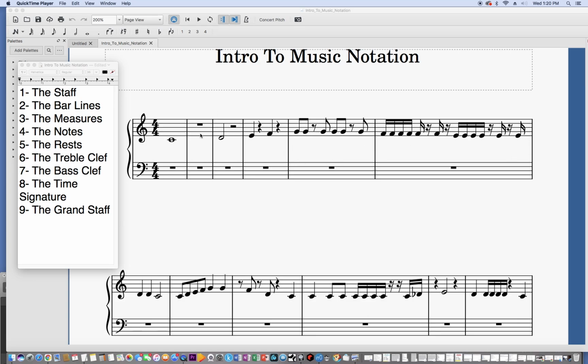No matter what notes or rests are there, the combination of these notes should always equal what it says in the number of beats. So the top number tells you how many beats there are in each measure, and the bottom number tells you which note gets 1 beat. In other words, the bottom number is a code.